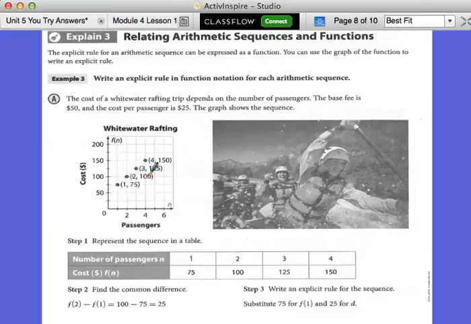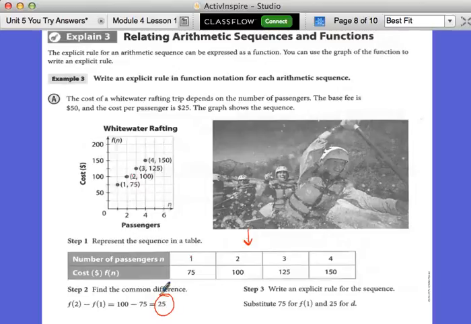Then we can represent it in a table and find the common difference. Again, we found that the common difference was 25. If you go through and check all of them, we know that it's 25. Once we know that, we can write an explicit rule.